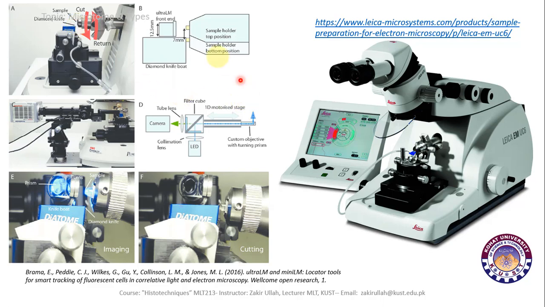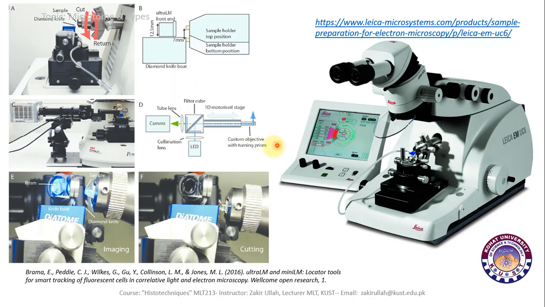So, first the diamond knife boat is present here, and that is the ultramicrotome, the front end, the sample holder in the top position and the sample holder in the bottom position. Here the camera is present.